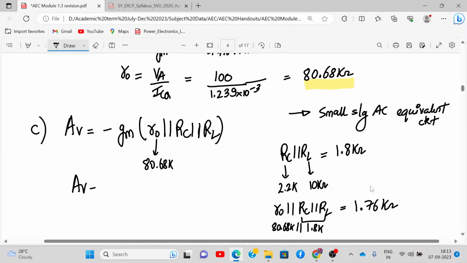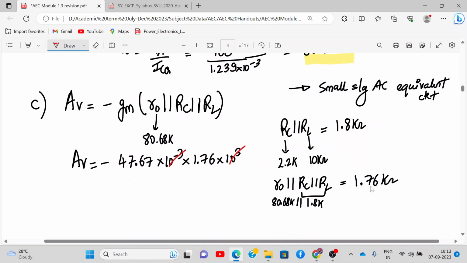So this Gm will be 47.67 into 10 raised to minus 3 into 1.76 into 10 raised to 3. Did you get 1.76? Yeah, sir. So this number will be 83.8.